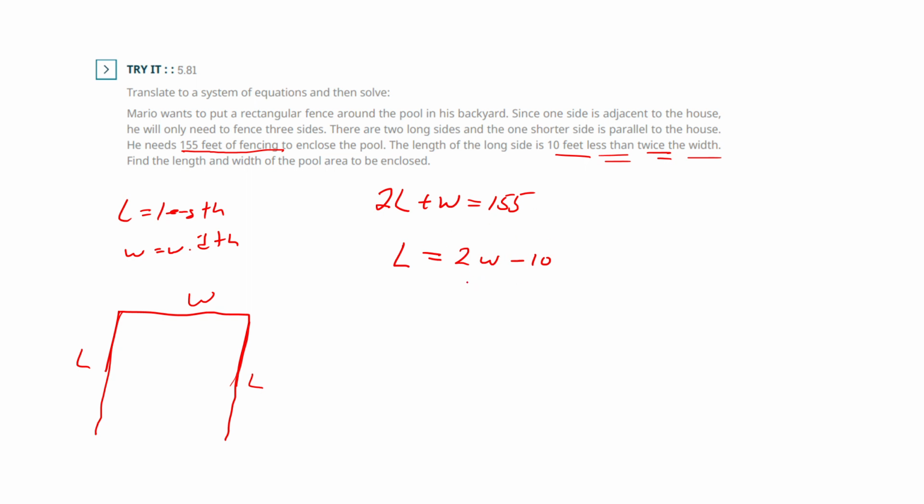Okay, now we're ready to go, and we know the length, so we're going to substitute this in. So I've got 2 times (2w minus 10) plus w equals 155. 4w minus 20 plus w equals 155.